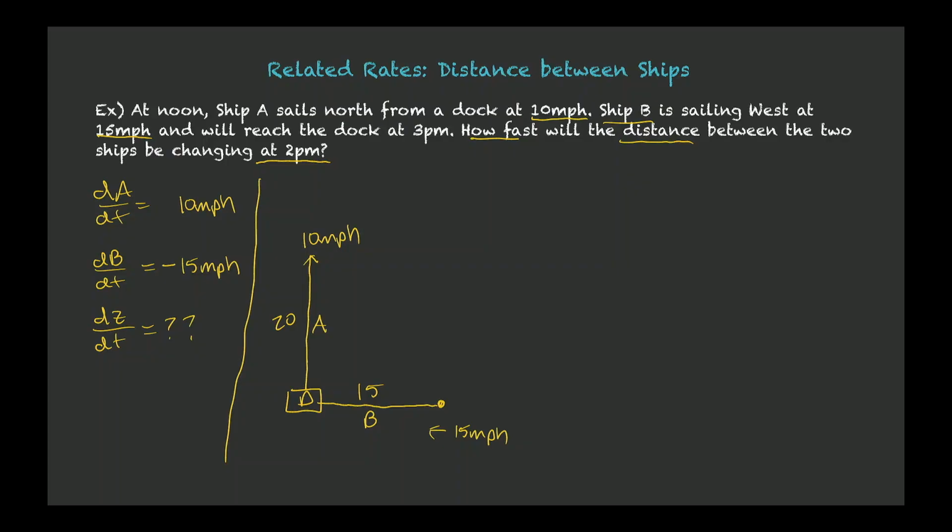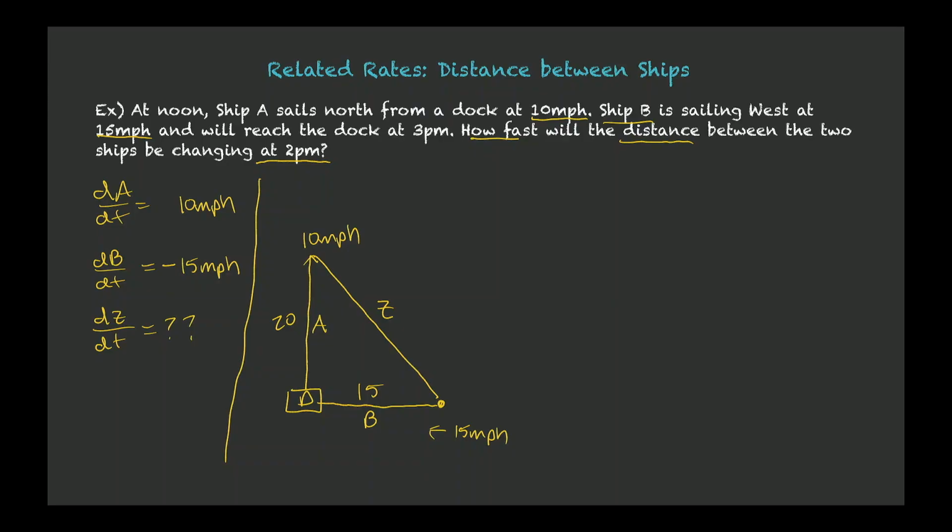Now the final thing that we need is just the distance between these two ships, which is Z. I've already called it Z. Now I just need the relationship between A, B, and Z. Typically when we're doing distance problems, the relationship you use is either the distance formula if you're on an XY plane, or in this case, with ships in the sea, the Pythagorean theorem.